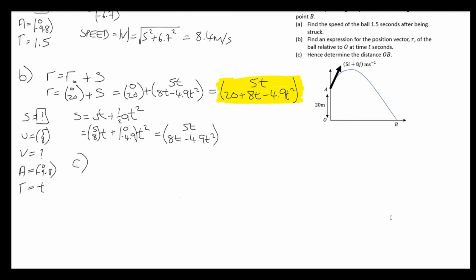For the final part of the question, we're asked to determine the distance OB. OB, we can see, is when the particle hits the ground. So we know its position vector is going to have a j component of 0. We don't know what the i component will be. We don't know that horizontal component, but the vertical component will be 0. Well, if I want the position vector's vertical component to equal 0, I'm going to set it equal to 0 and find the times when this happens.